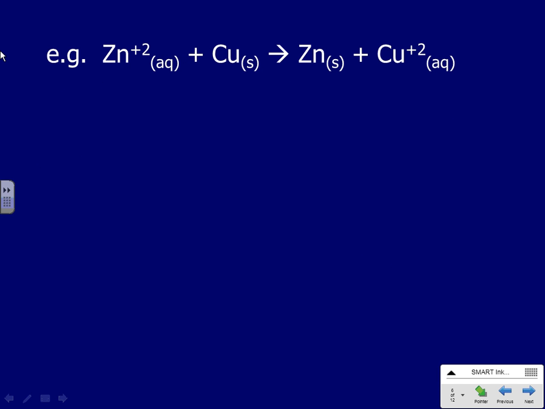Now, all I'm doing for the second example is I've flipped everything. All right? This saves us from having to look for some new numbers, but we will have to. Now let's say I have some copper solid in some zinc ions. Last year we would have used the activity series to see which was below, but now this year we're far more advanced students.